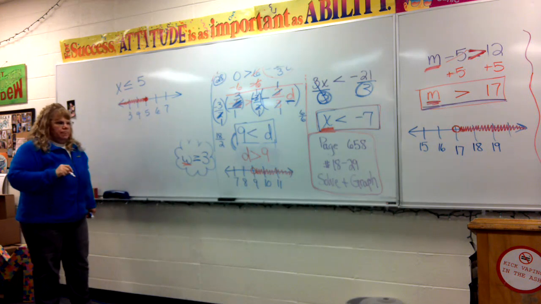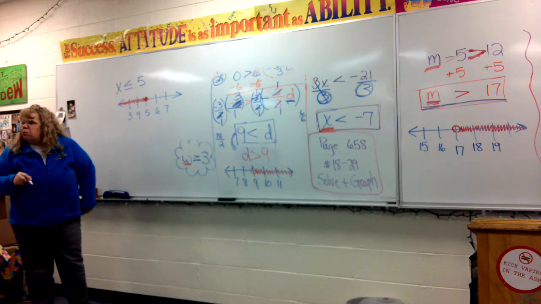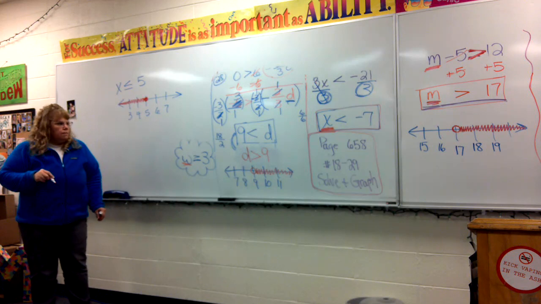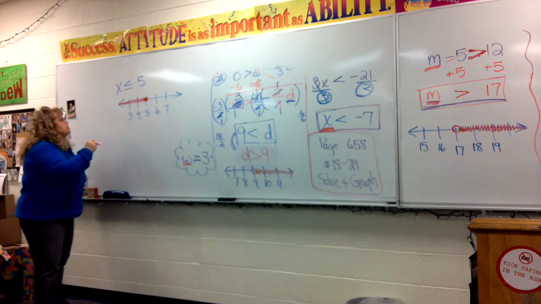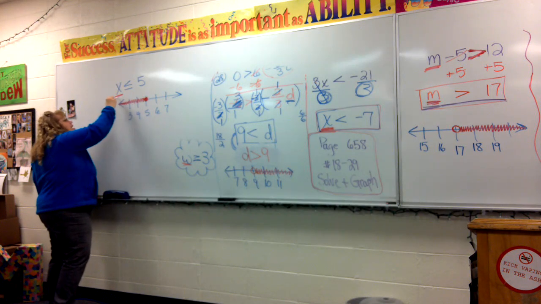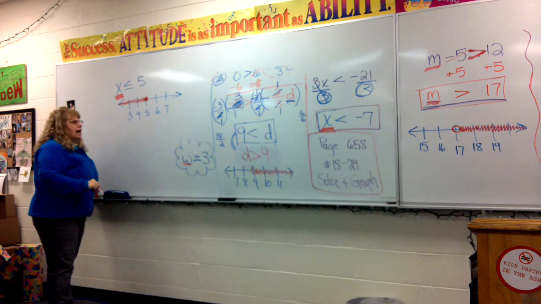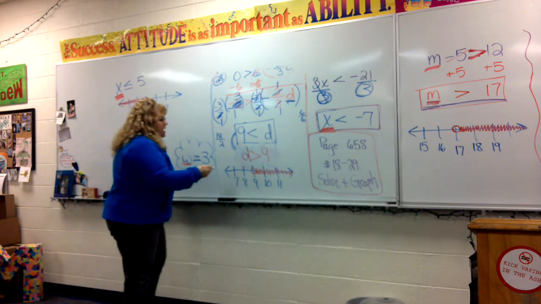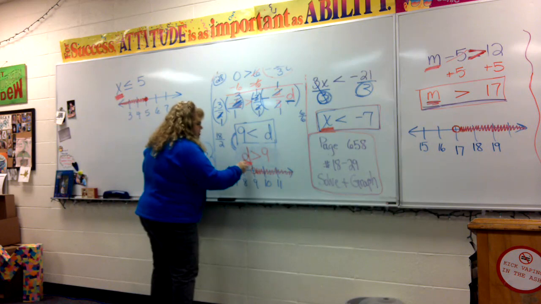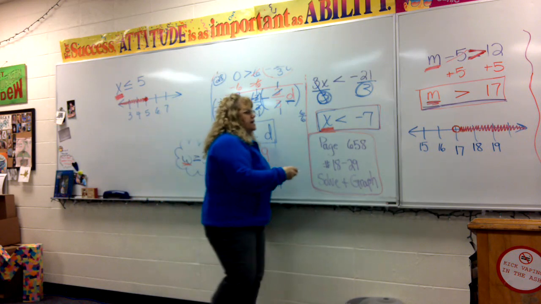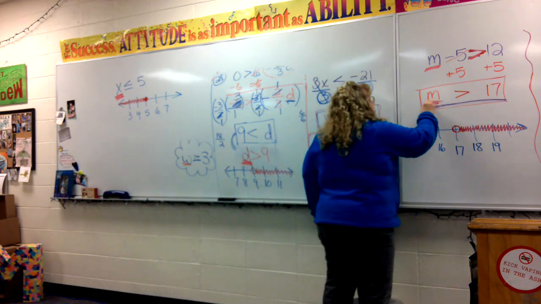I have a little trick I want to show you. It only works if your letter is on the left side, though. See my letter on the left? And right here, my letter is on the left.